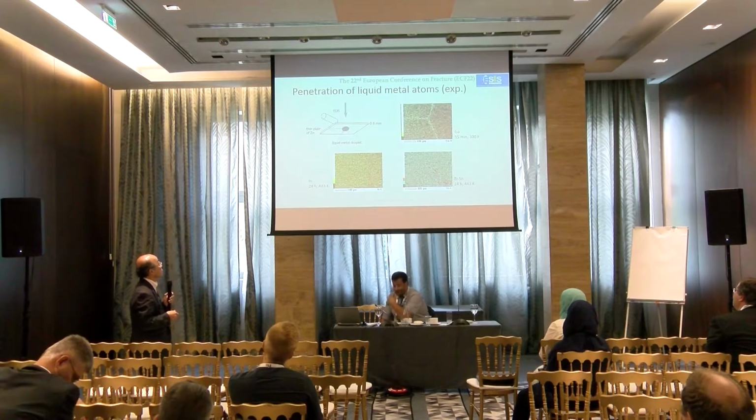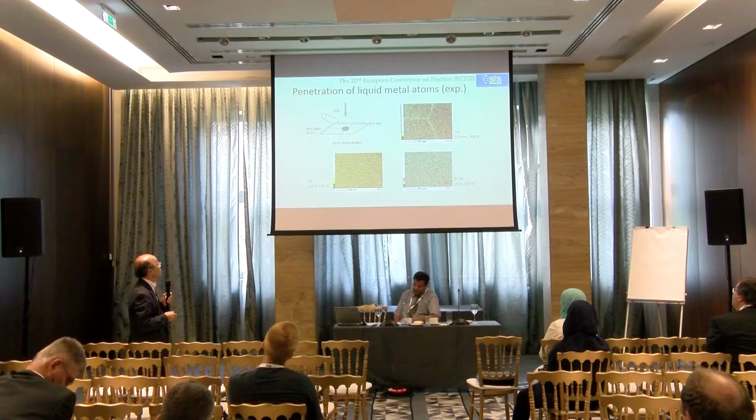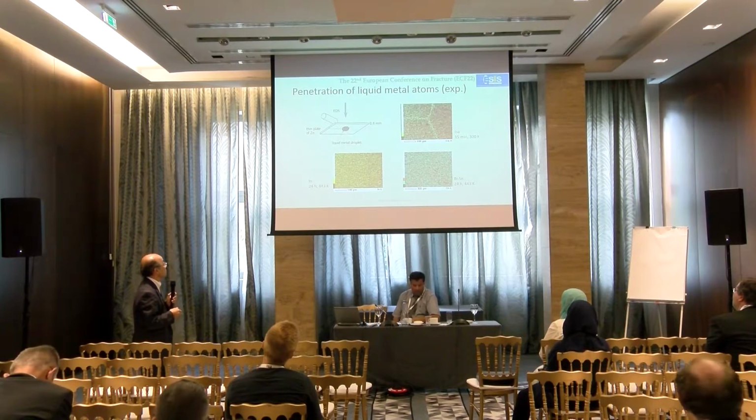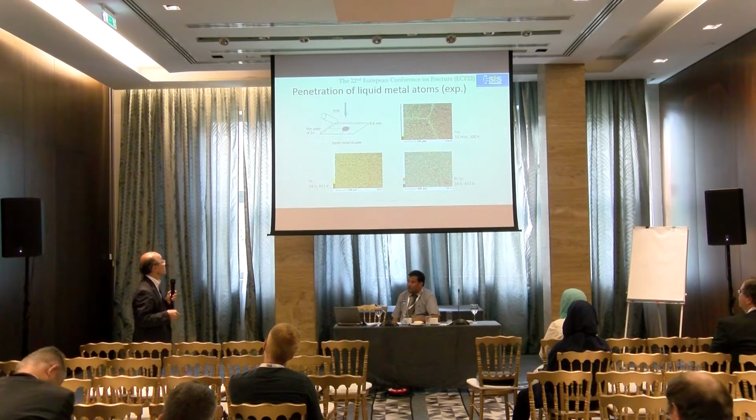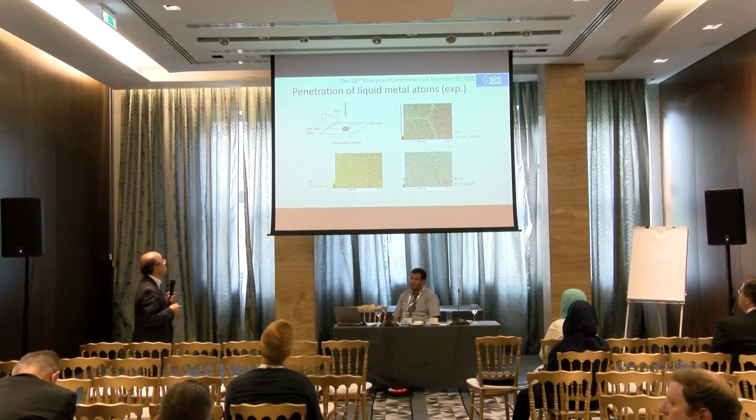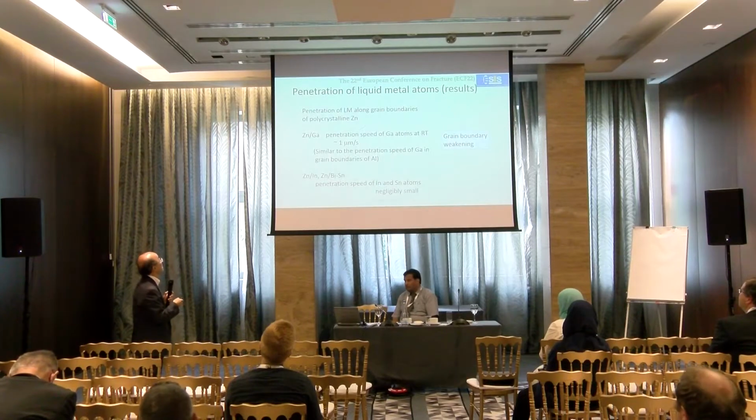In the case of gallium, after 15 minutes, the gallium signal was observed along the grain boundaries. But in the case of indium or bismuth-tin, no trace of indium or tin is observed. So in the case of gallium, the penetration occurs along the grain boundary.